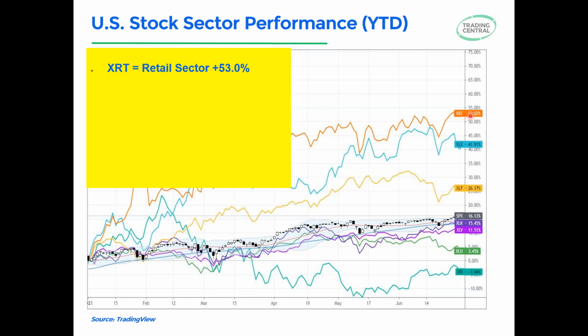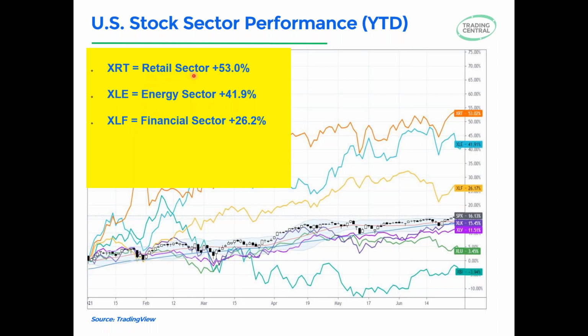This orange one. So don't worry, you will find the corresponding CFD on Phillip's website. Second one is XLE, E for energy. And then we have the financial sector.